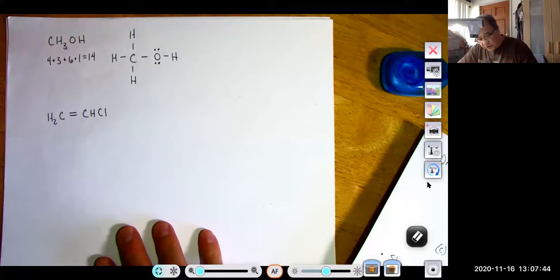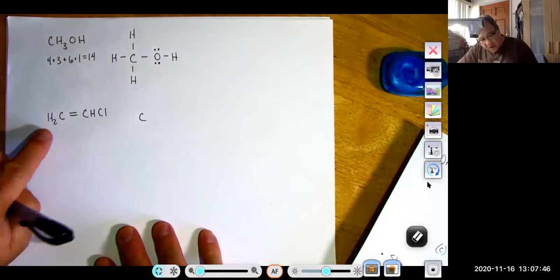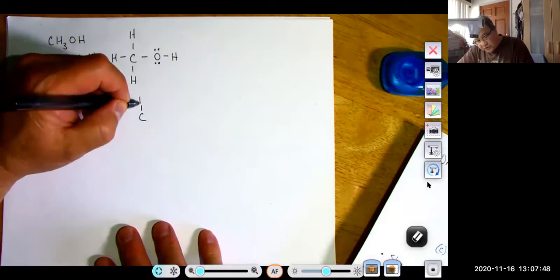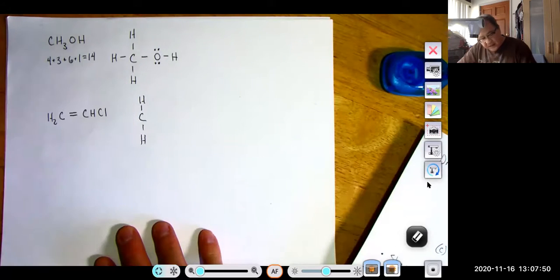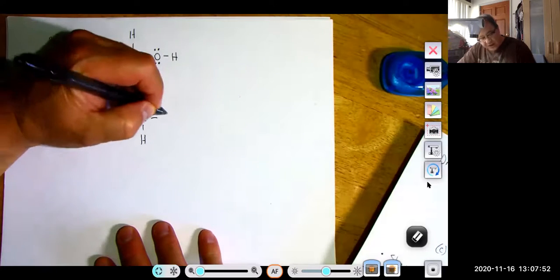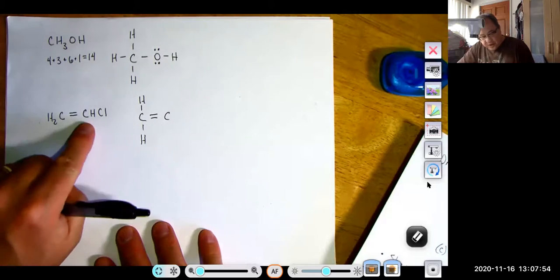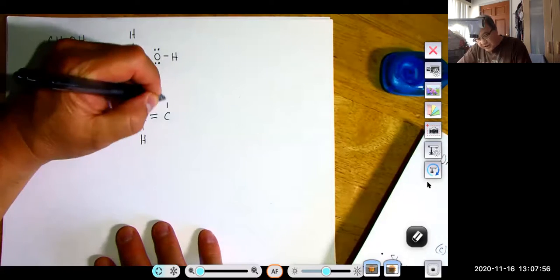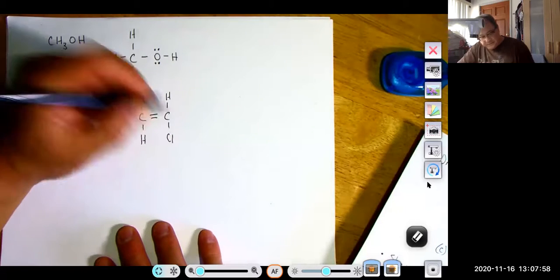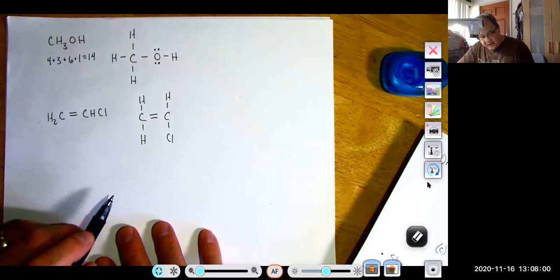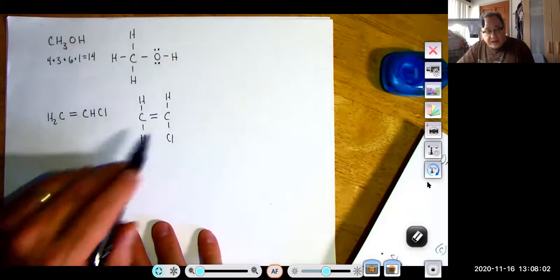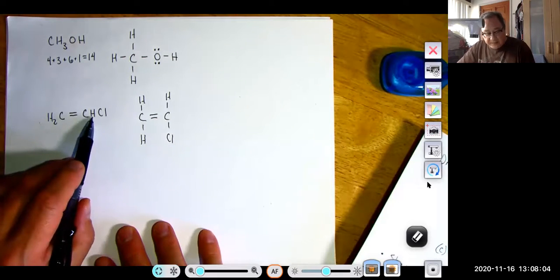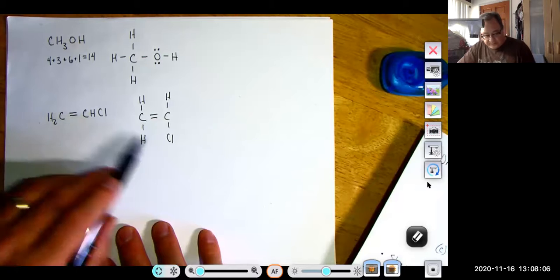Okay, so I think this first part is going to be a carbon with 2 hydrogens on it and a double bond to that carbon. This carbon is going to have a hydrogen on it and a chlorine on it. And that makes more sense than putting a hydrogen in between the carbon and the chlorine.